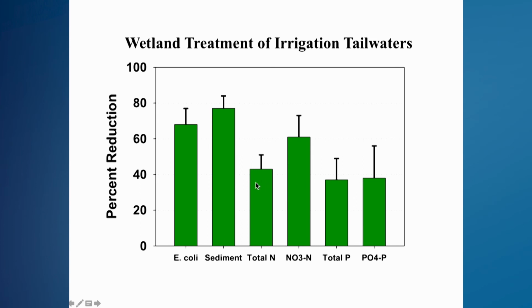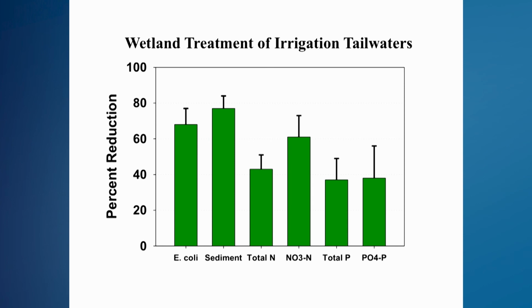So for the nitrogen and phosphorus species, about 40 to 60% of these nutrients were retained within the treatment wetland. And the water was only maintained in the wetlands for a matter of about 30 minutes. So this was an appreciable reduction in nutrients.